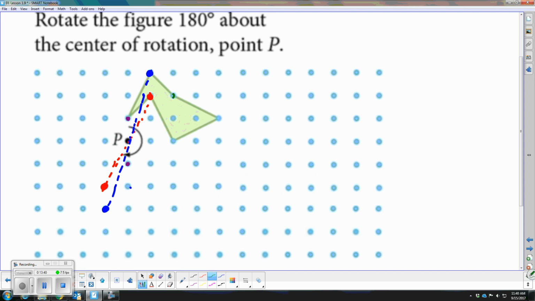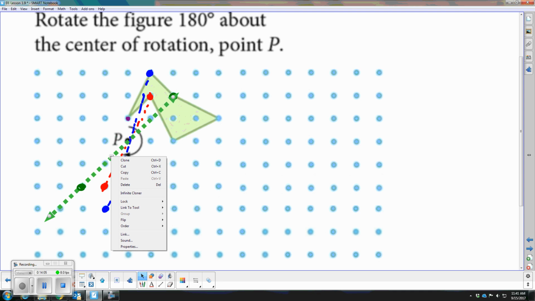And then we'll move on to our green point. I'm going to use the actual dotted line. So here, 180 degrees falls on this path. So that is here. I'm just going to delete these so we can see the next ones.